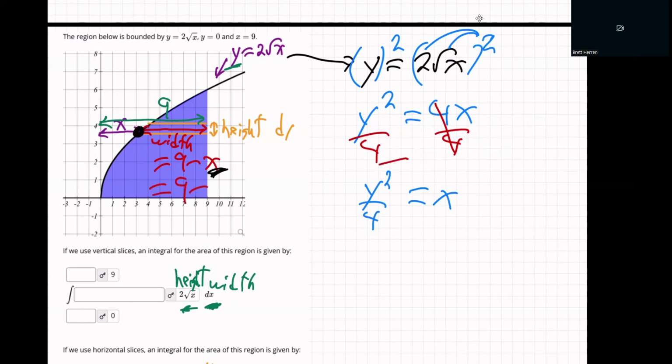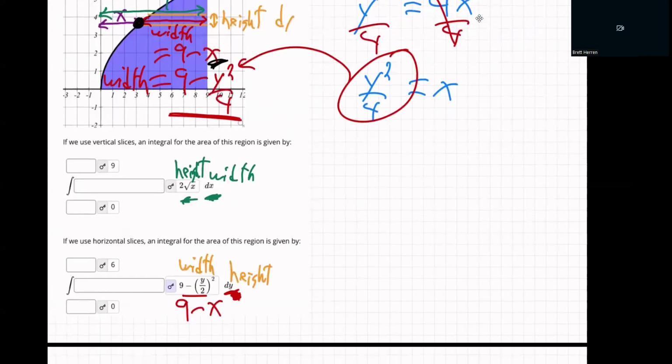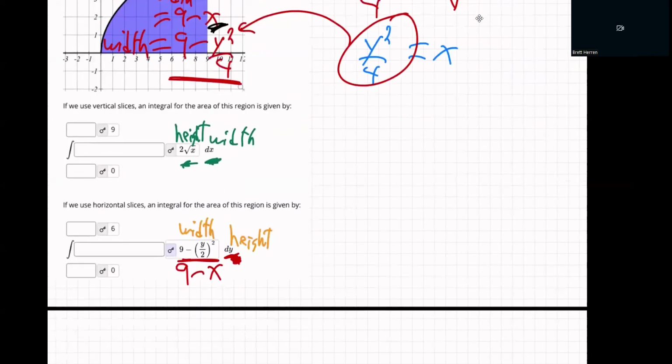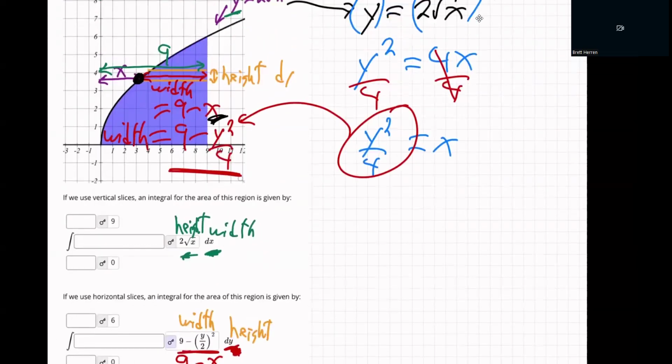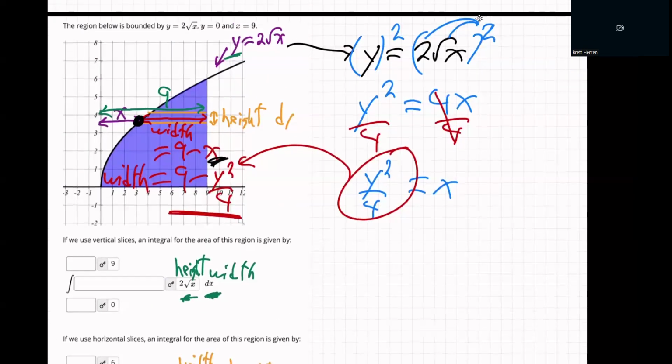So that goes right here. 9 minus, and what is x? Y squared over 4. So the width equals 9 minus y squared over 4. They wrote it that way, same thing. You can put it that way. That's the width. That's a little tricky, isn't it? So if you want to slice it horizontally, let's take one slice right here.